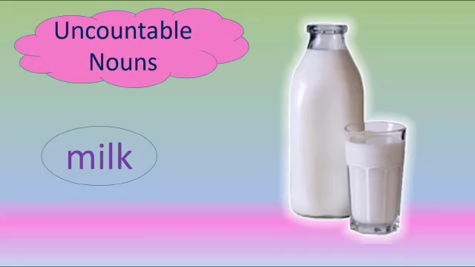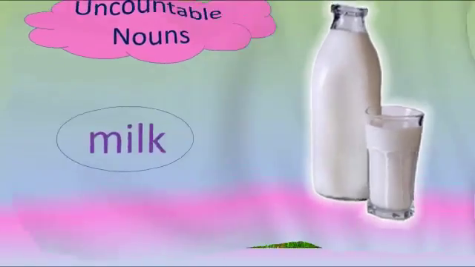Next is milk. क्या आप दूध पीते हैं? We can't count milk. So, it's also an uncountable noun. Last is grass. ये तो सबने देखी है. क्या आप इसको काउंट कर सकते हैं? Absolutely right. We can't count grass. It is an uncountable noun.